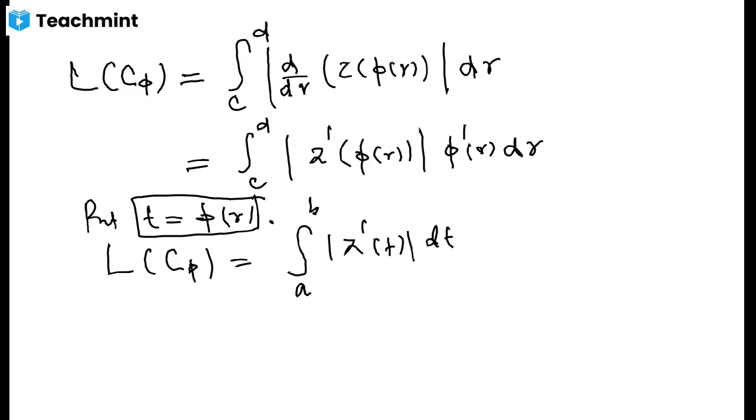This is nothing but the length of the arc C. So far, this establishes that if you change the parameter under appropriate conditions, under smooth conditions, I must say, then the length of the arc doesn't change. It remains the same.